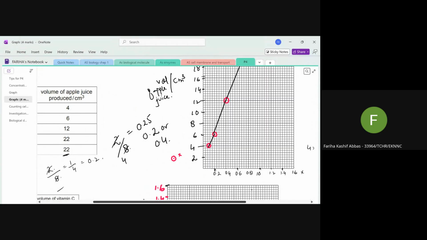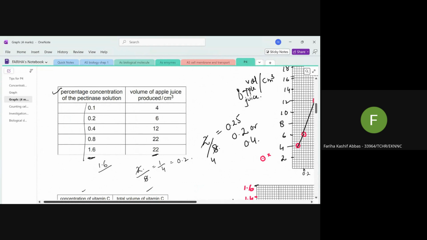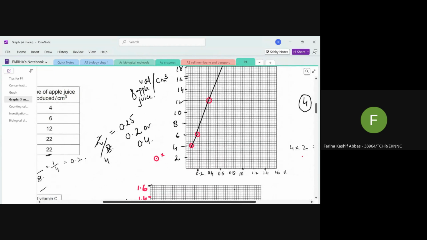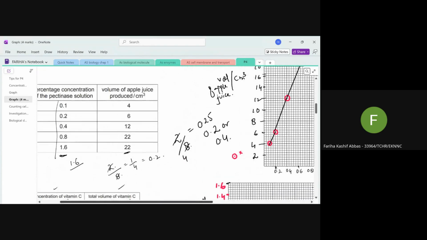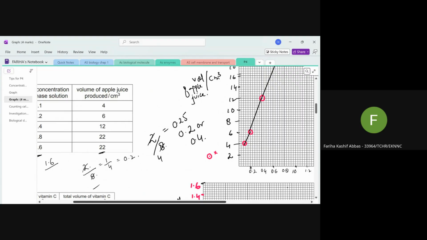And on the x-axis, the independent variable should lie. So, percentage concentration of the pectinase solution should be on the x-axis, whereas volume per cubic centimeter should be located on y-axis. Now, the same should be done on the y-axis. That is, we have the maximum value as 22.